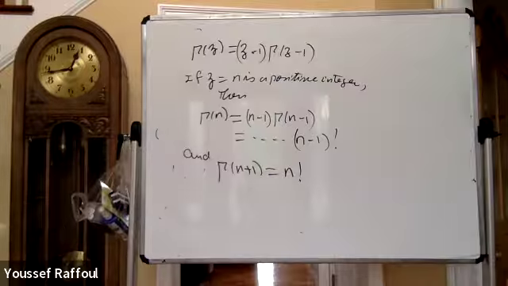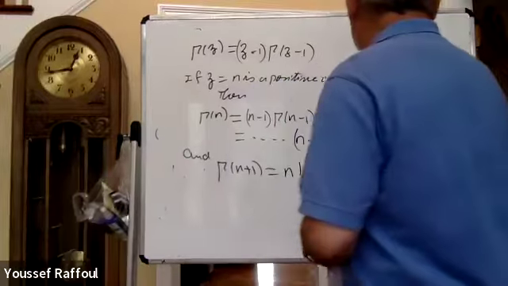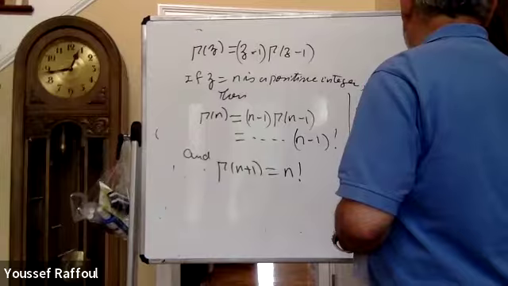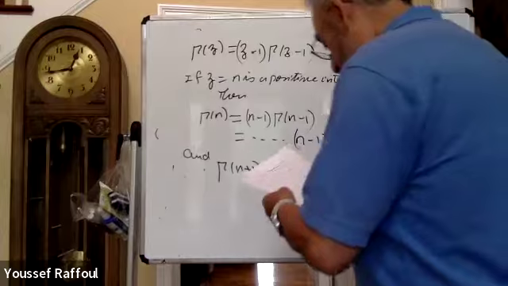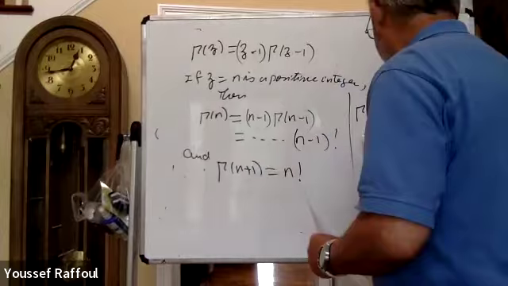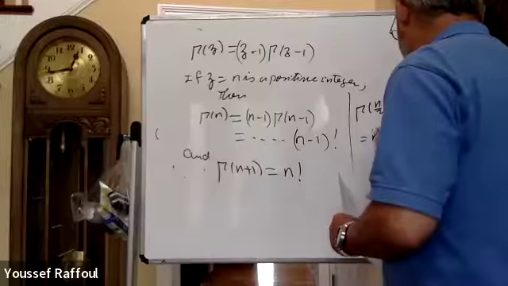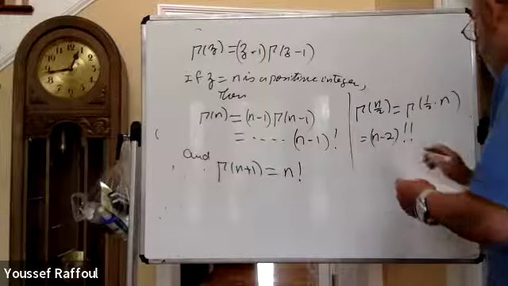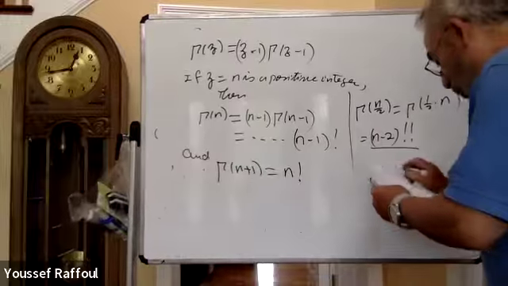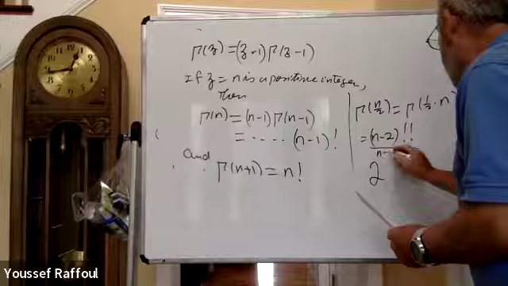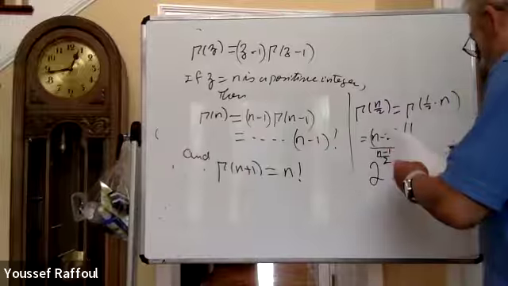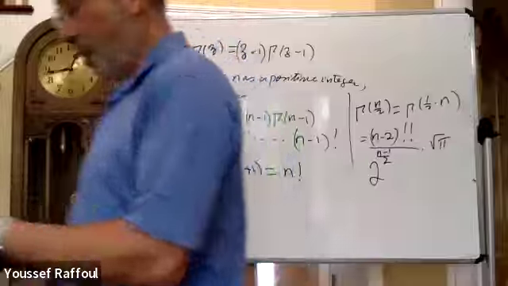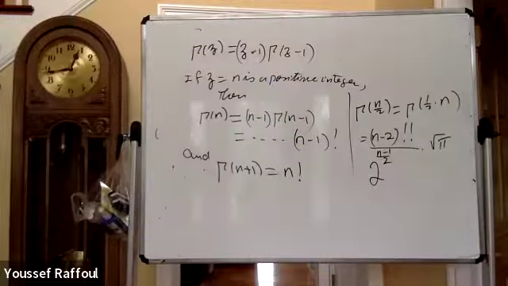And then it can be shown that gamma of n over 2 is (n minus 2) double factorial over 2 raised to the power (n minus 1) over 2, times the square root of pi. And this is a double factorial. Okay?